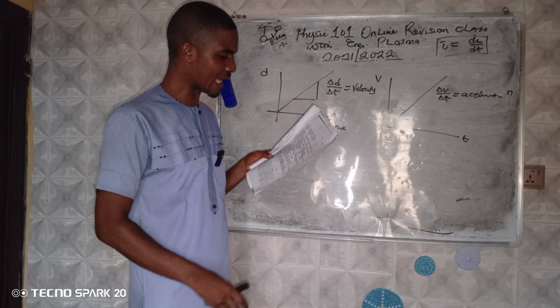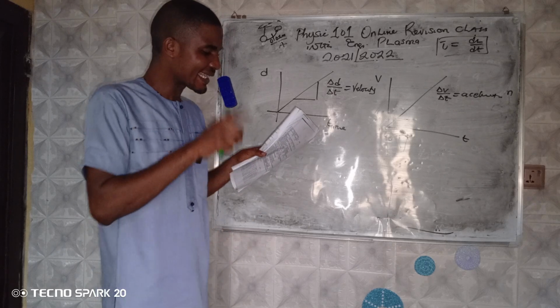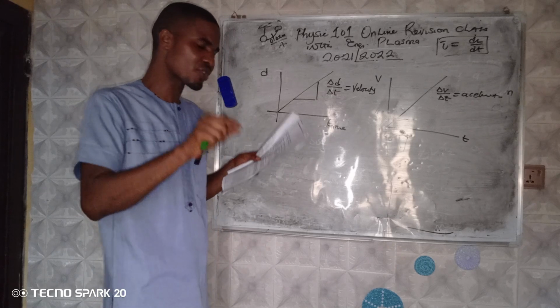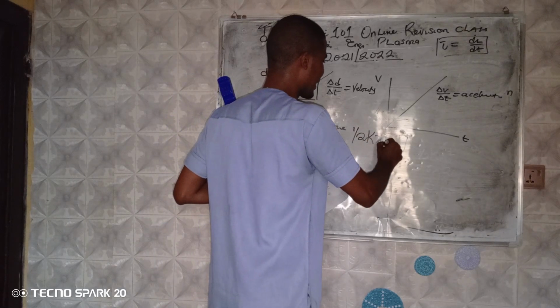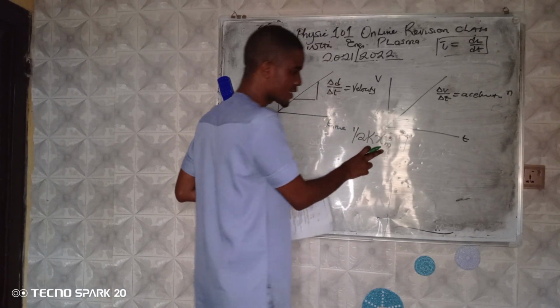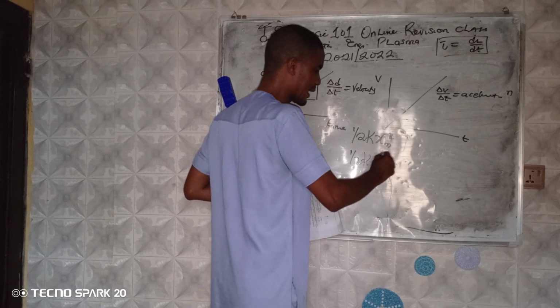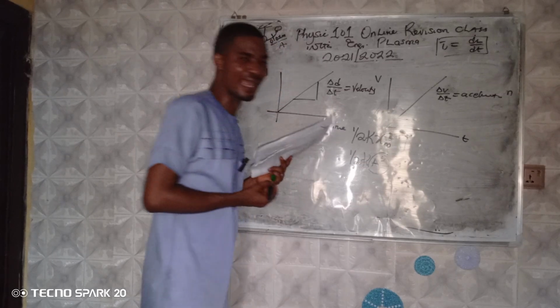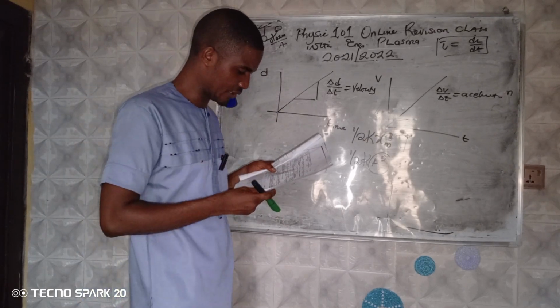Number 5, it says the total energy in a simple harmonic motion is given as half k x_m squared if you are using x_m as your amplitude, or half k a squared if you are using a as amplitude. I think we have discussed that very well.